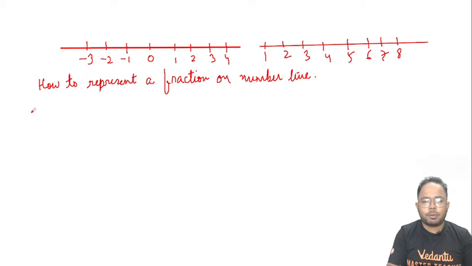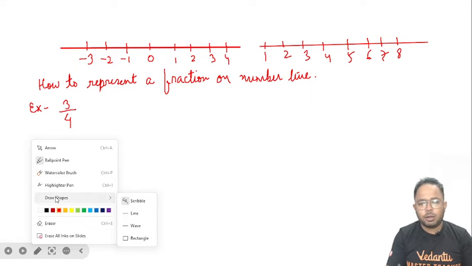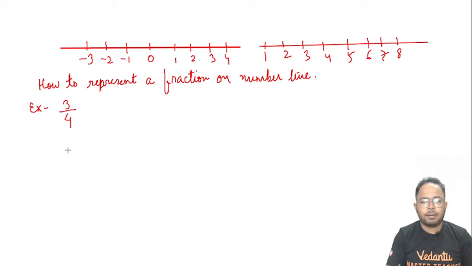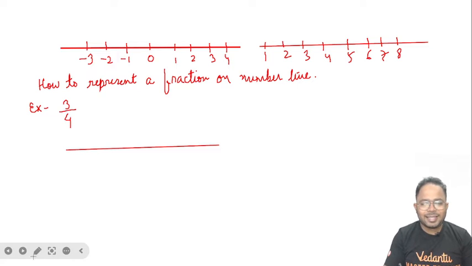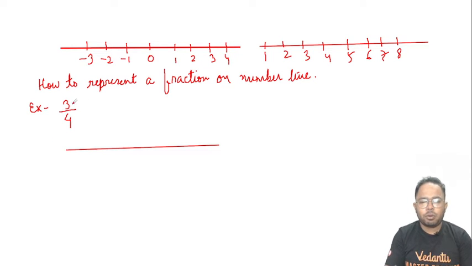Suppose, for example, I am taking 3 by 4. First of all, I will make a line. Now, what I can see here is 3 by 4, so the numerator is less.